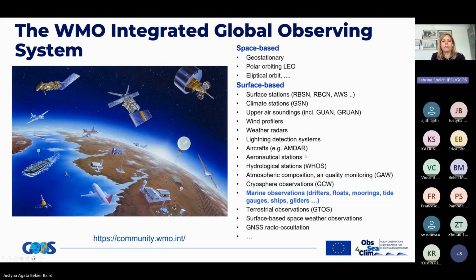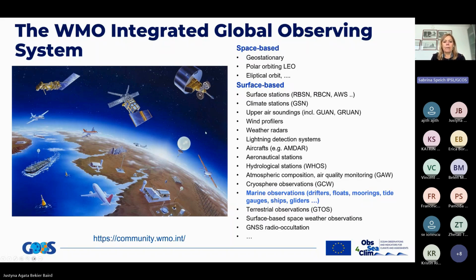The WMO Integrated Global Observing System, WIGOS, is the combination of satellite-based and surface-based observations. Atmospheric scientists call it surface-based; in oceanography we call it in situ observations. So there is some language adjustment that needs to be made sometimes, that contribute information for WMO programs.